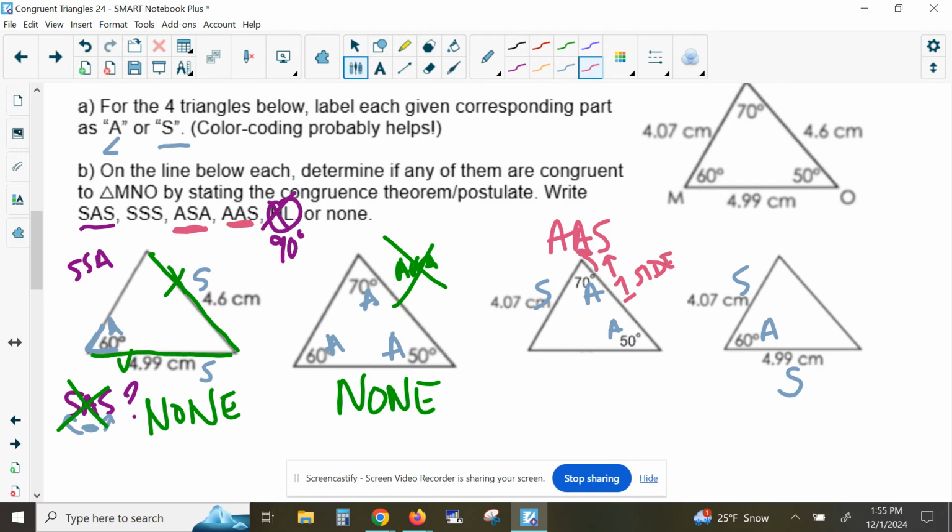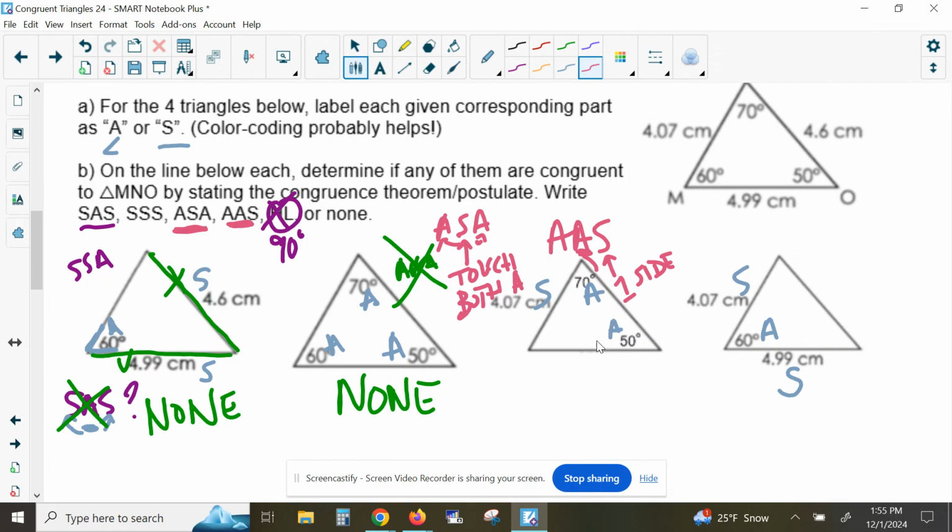And if I had ASA, then that means the side is touching both A's. So look, see how this side is touching that A and that A?